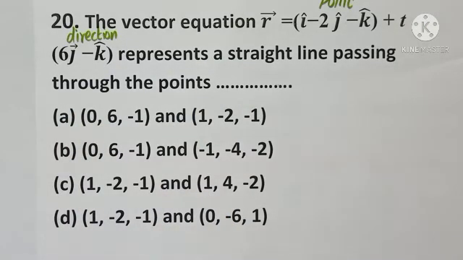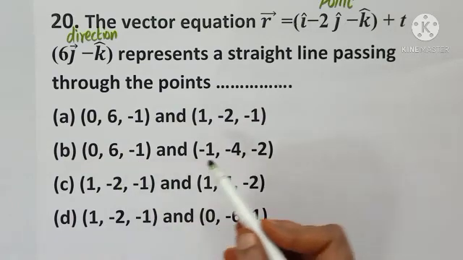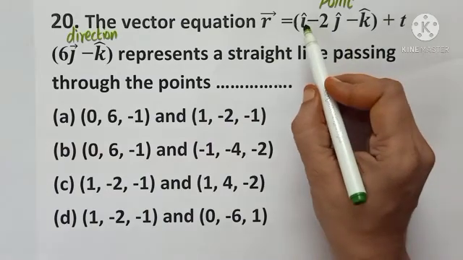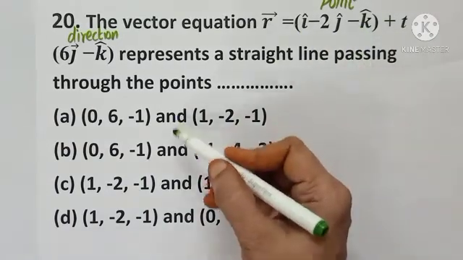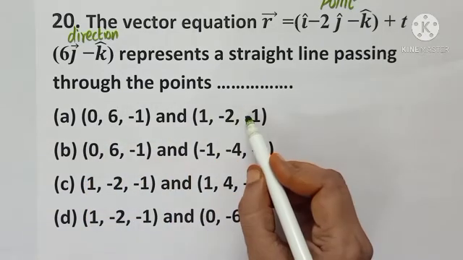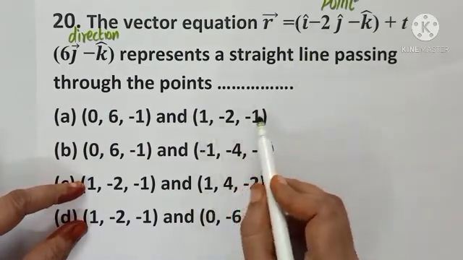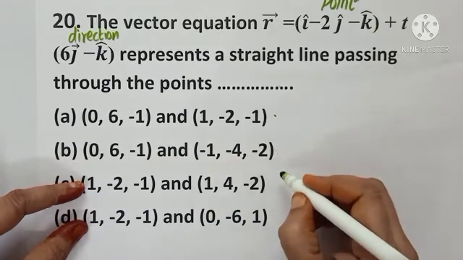We need to show out of the 4 choices which points lie on this line. Obviously, one point is 1, minus 2, minus 1. So, out of the 4 options, options A, C and D have the point 1, minus 2, minus 1. So, we have 3 options.